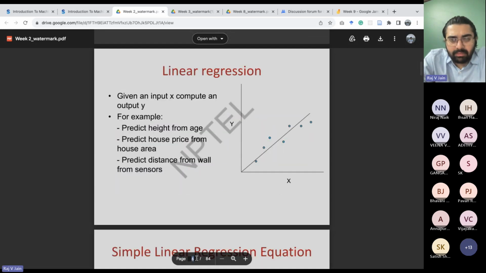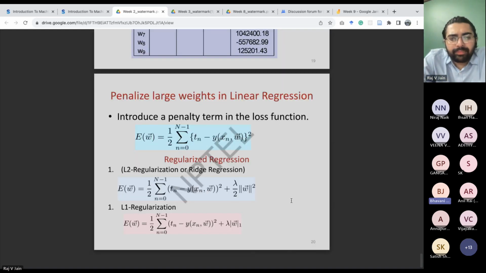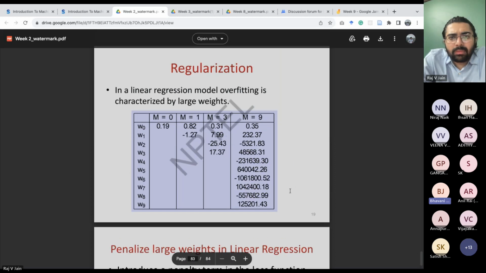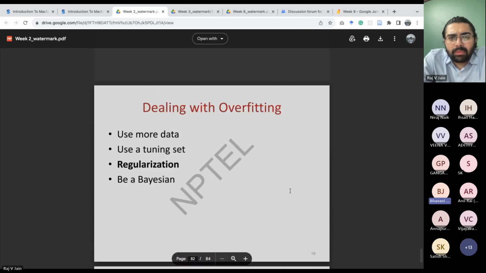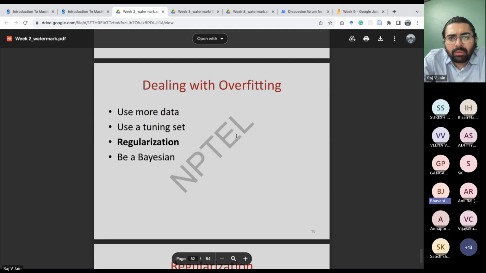Yeah, in this last page, is it? Go till the end, sir. Okay, scroll up a little, sir. One or two slides up. Yeah, here, this is dealing with overfitting.